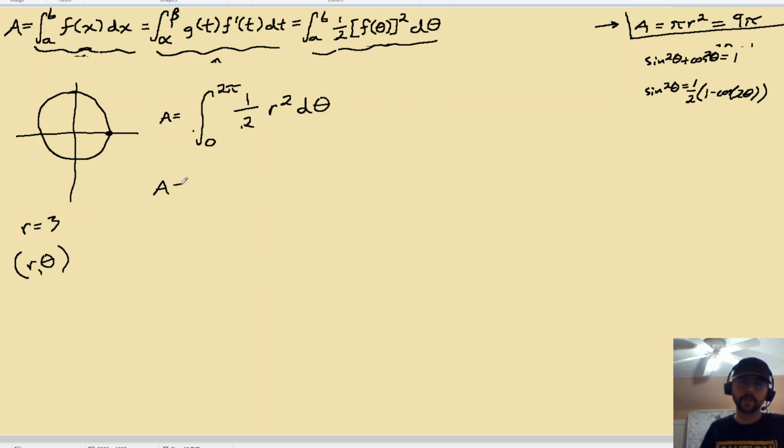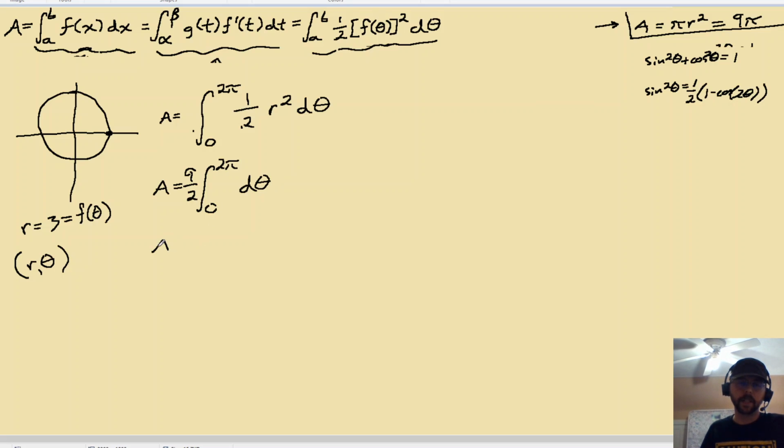So this one, as you can already see, is going to be a lot simpler than the other two. The integral from 0 to 2 pi of, what is r equal to? Well, r is equal to 3. It is always equal to 3. So r is equal to 3 or f of theta is equal to 3. They mean the same thing. So 3 squared is 9. 9 over 2, we can pull that to the outside. And then on the inside, the only thing we're left with is d theta.